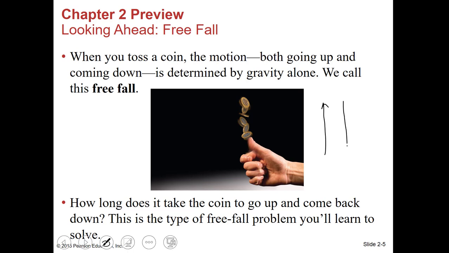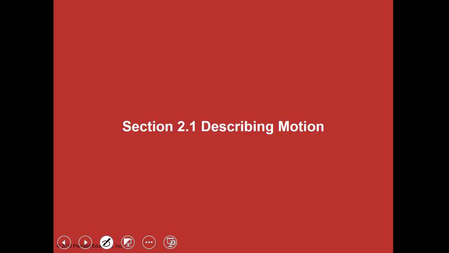So up or down, if it's just under the influence of gravity, then in the physics way of thinking about it, it's in free fall. The reason we're concerned about this is, if we neglect air resistance, which we can for a lot of different cases, then the acceleration is constant. Okay, so towards the end of the chapter, we'll see that case.